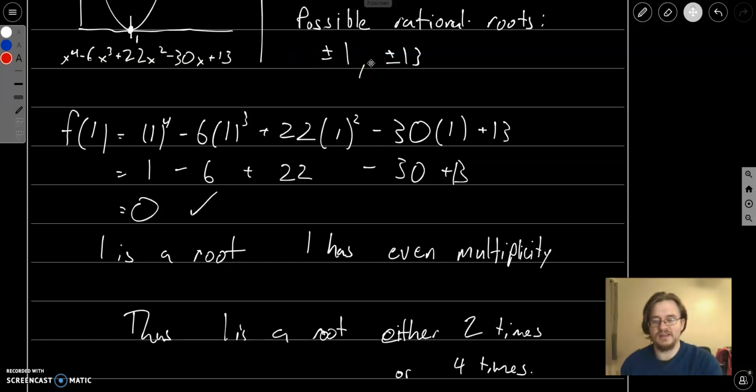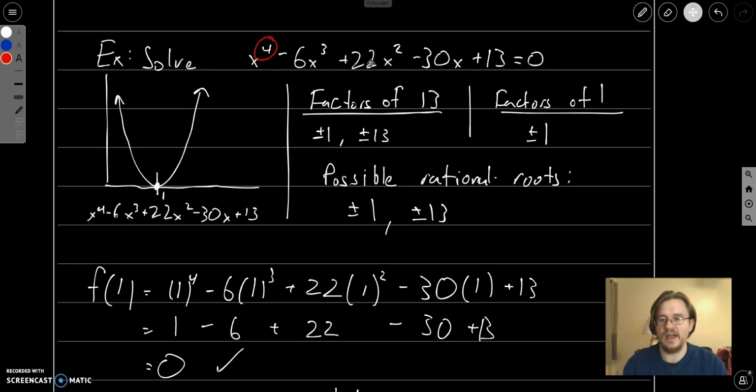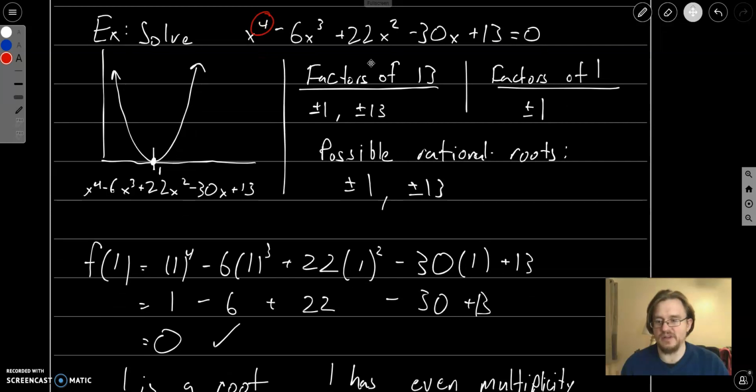Hello and welcome back. We'll continue looking at this question about the roots of the polynomial x to the fourth minus 6x cubed plus 22x squared minus 30x plus 13. So from the picture, and from a little bit of our work, we know that the polynomial will only have one real root because there's only one place along the x-axis where the polynomial hits a line.